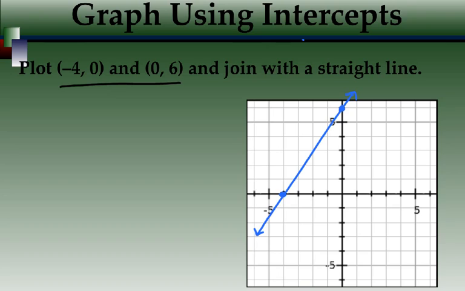Okay, so domain, let's go ahead and state it: all real numbers, or negative infinity to infinity. Range is going to be the same thing, negative infinity to infinity. And we're done.